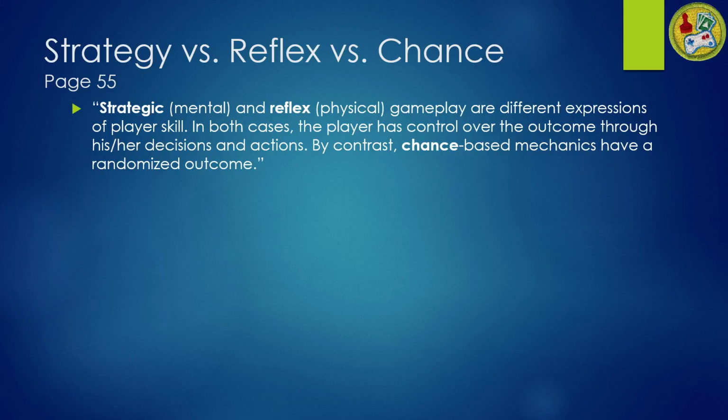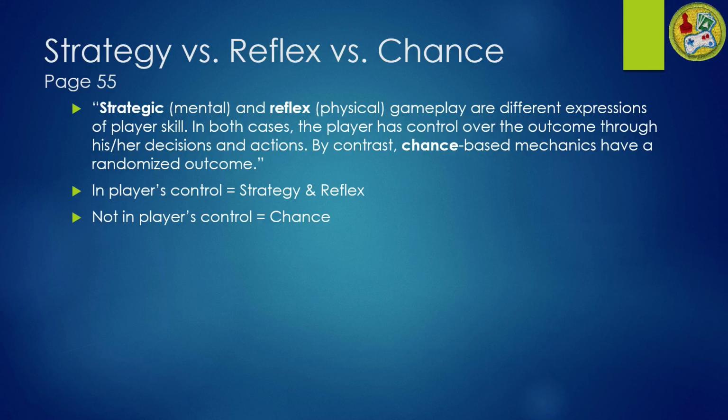In both cases, the player has control over the outcome through his or her decisions and actions. By contrast, chance-based mechanics have a randomized outcome. So, strategy and reflex involve things in the player's control, whereas chance involves things not in the player's control.